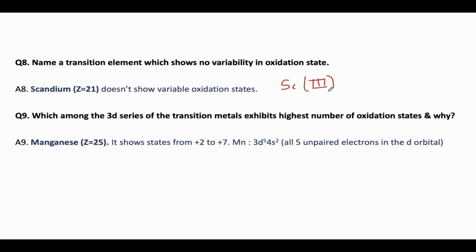There is no variation. The reason is simple from the electronic configuration. We have the electronic configuration as 4s2, 3d1, and before that, we have the noble gas configuration. Now, if we take up all the 3 electrons from the s and the d orbitals, we obtain the configuration of a noble gas, which is very, very stable.